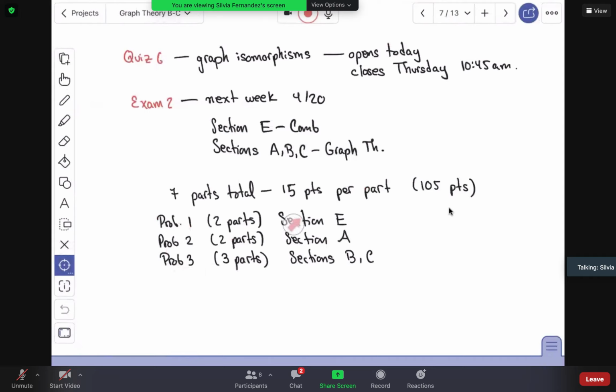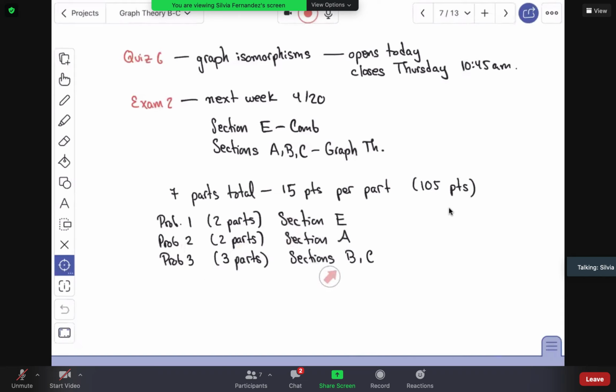Section A is going to be 2 parts of inclusion-exclusion: use inclusion-exclusion to prove or to count something. There are going to be 2 of them there. Problem 2 is the one that can vary the most, because it covers all the concepts for section A. And problem 3 has 3 parts.